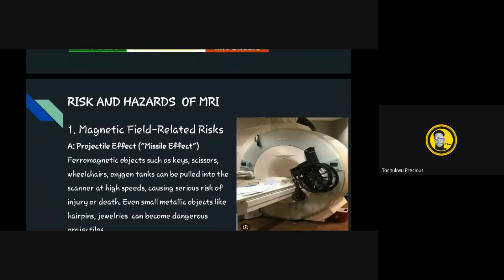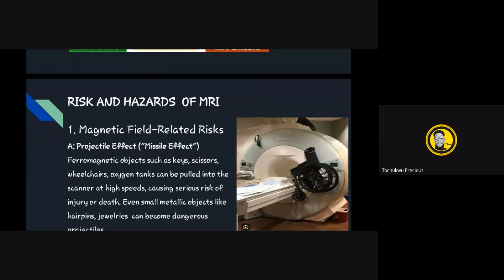Now, risks and hazards of MRI. We have magnetic field related risks. These are risks that arise due to the magnetic field. Number one, we have projectile effects, also called the missile effect.